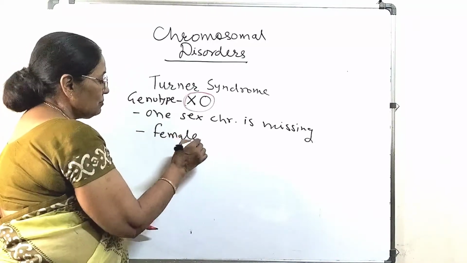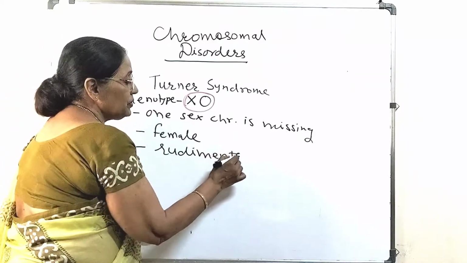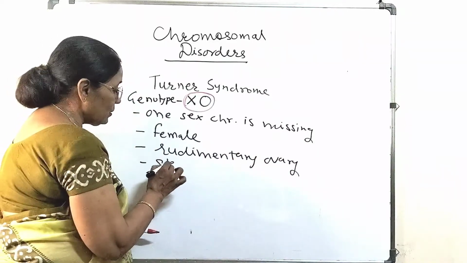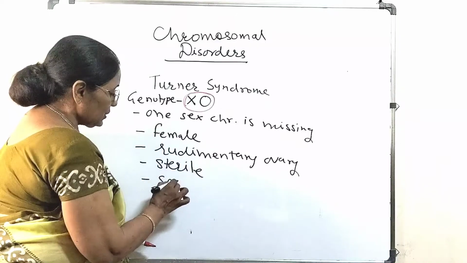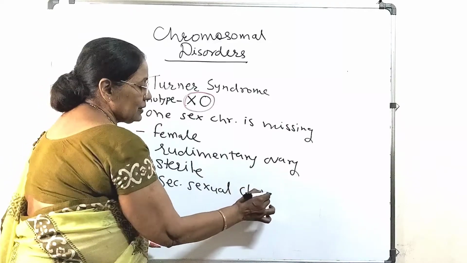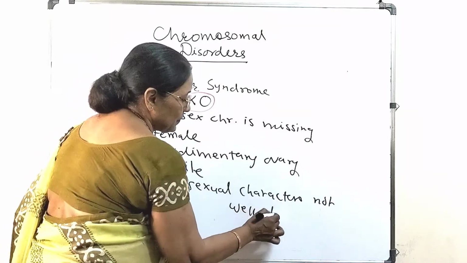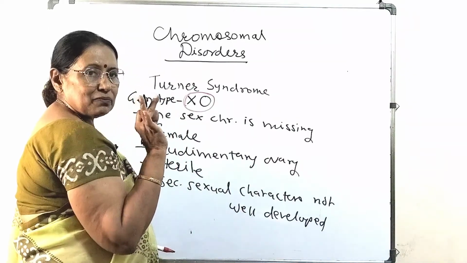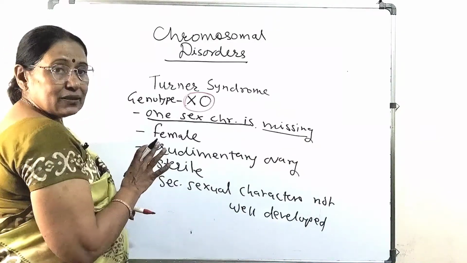But this female has rudimentary ovary. She is sterile. She cannot reproduce. And her secondary sexual characters are not well developed. This is due to just absence of one sex chromosome. Fine. So this was Turner syndrome.